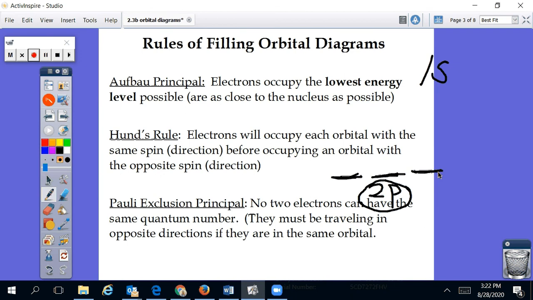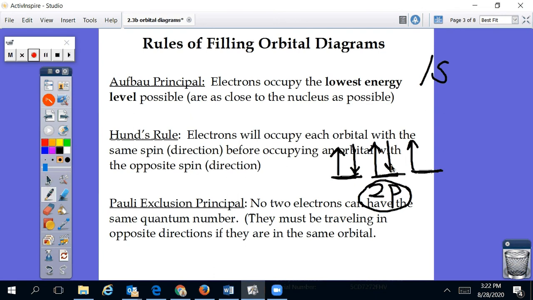If there are 3 open seats, the electrons are going to sit alone by themselves, just like you would, until they have to pair up. And so that's called Hund's rule. The electrons will stay by themselves in an orbital before they pair up.